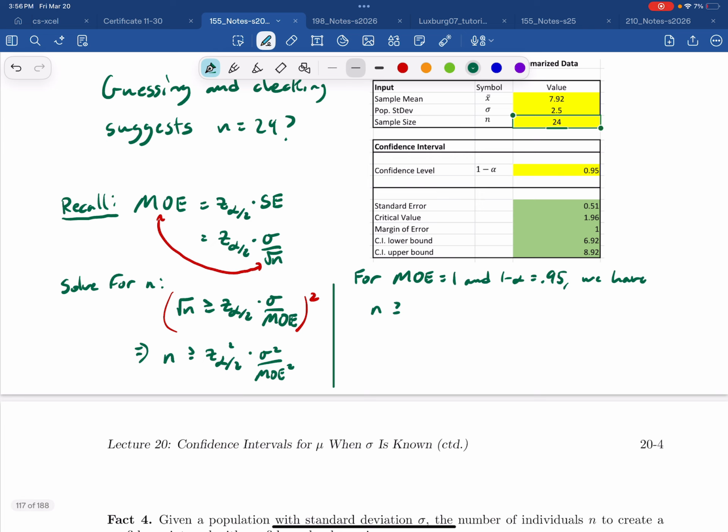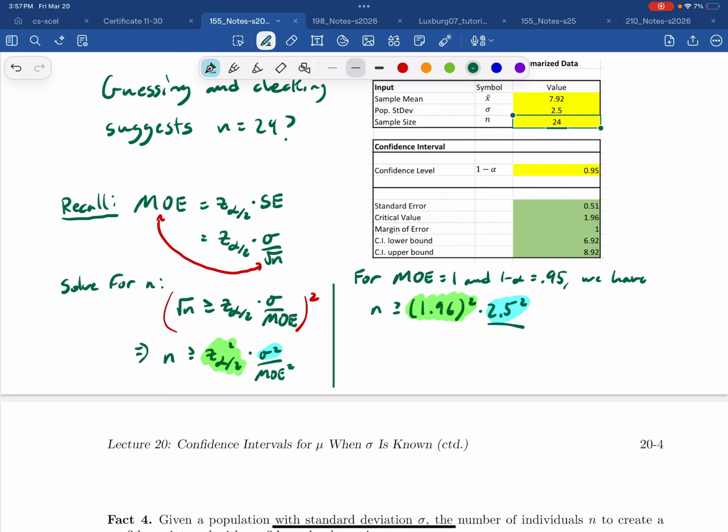So we have 1.96 quantity squared, that is our z alpha over 2 quantity squared, and then our sigma squared times, what did we say our population standard deviation was? 2.5 squared.